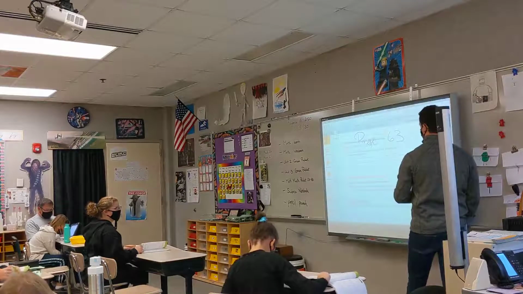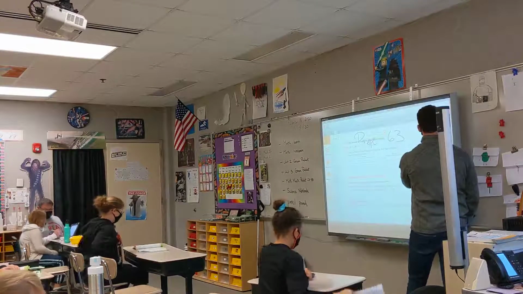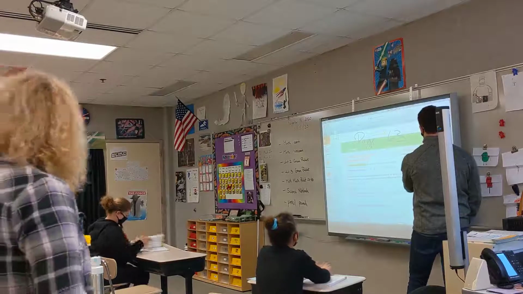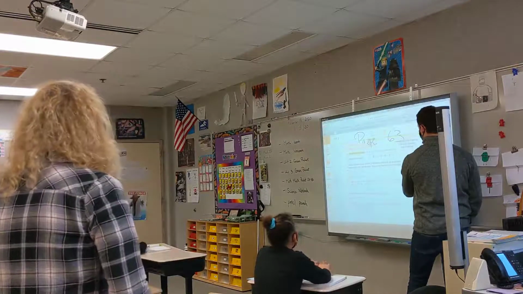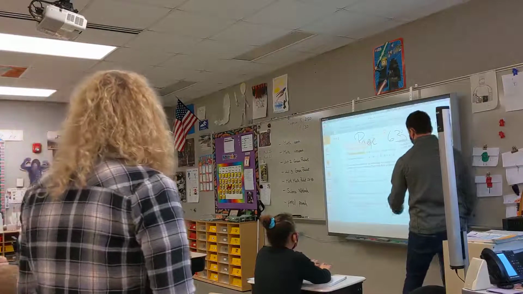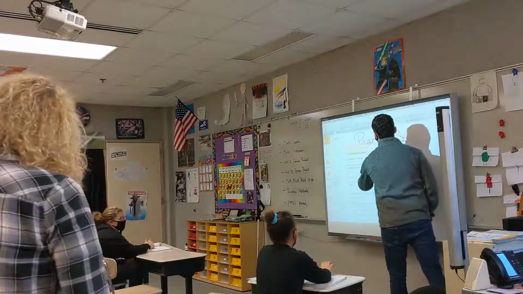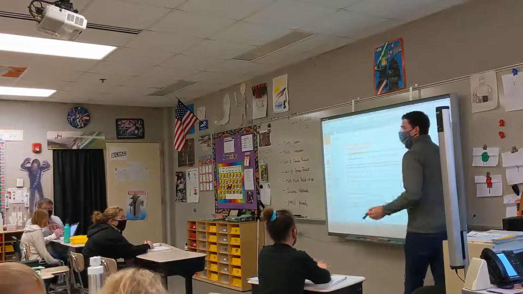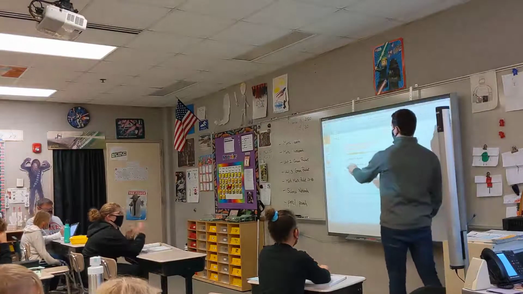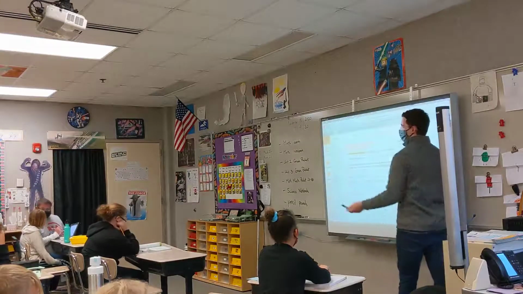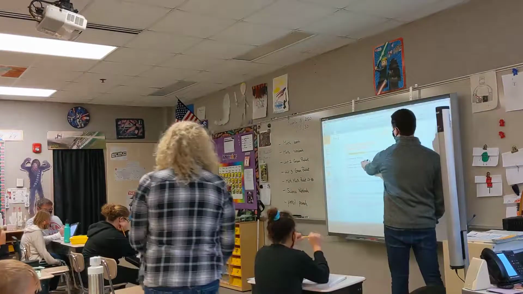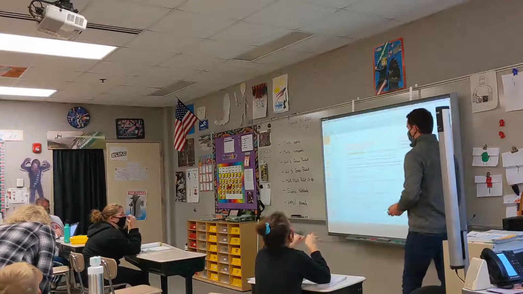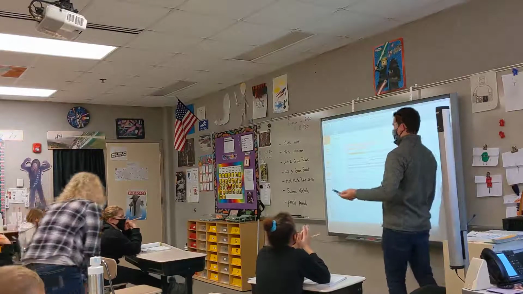And then we're going to look at this, remembering the distributive property. What do you notice when you look at this big equation here? We have A times B plus C. All letters.